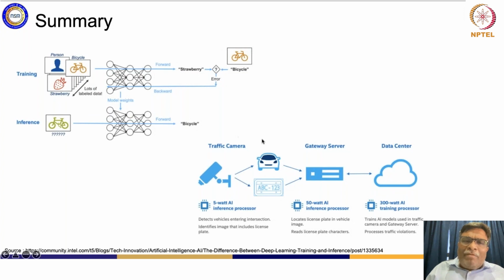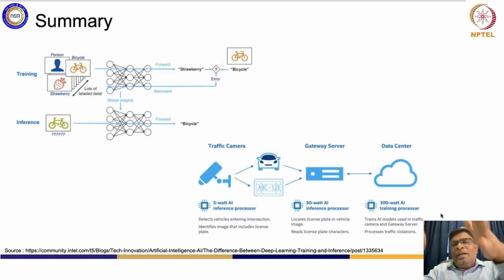So you have, let us say, a traffic camera, a gateway server, and a data center. You have done training at the data center with GPUs, and let us say that this is a 300-watt AI training processor. What it does is train our AI model, which is used in the traffic camera and the gateway servers.